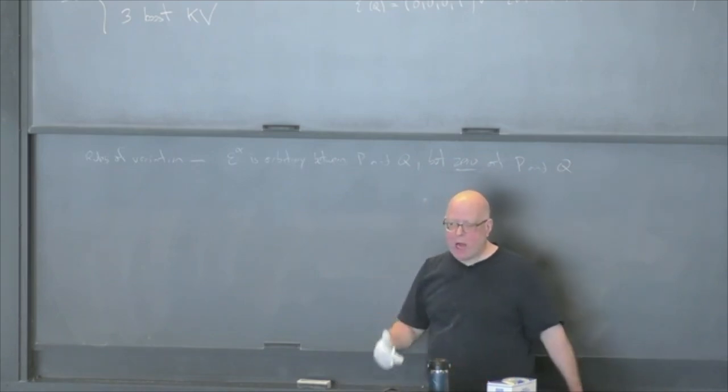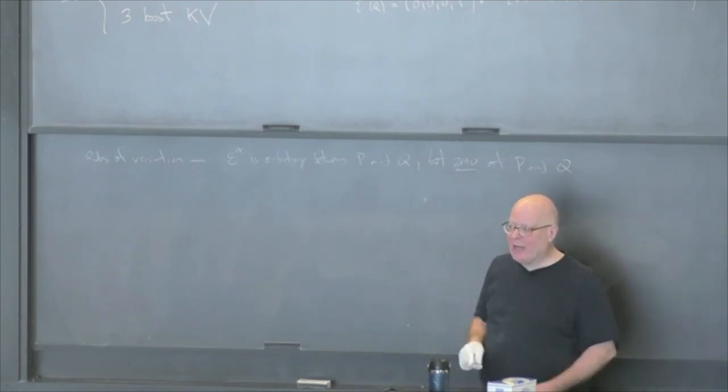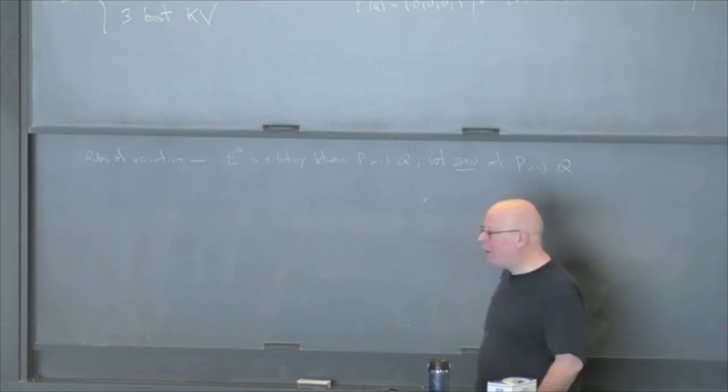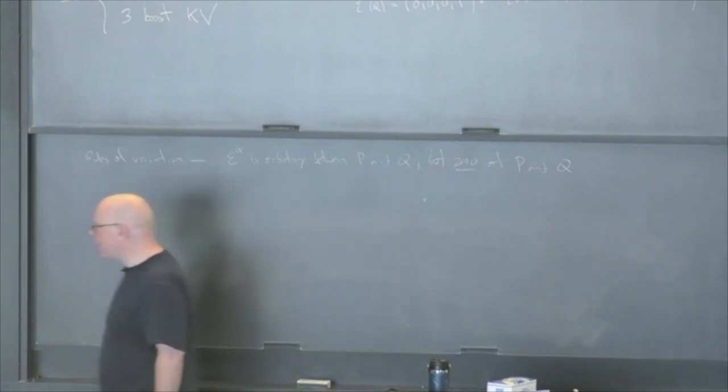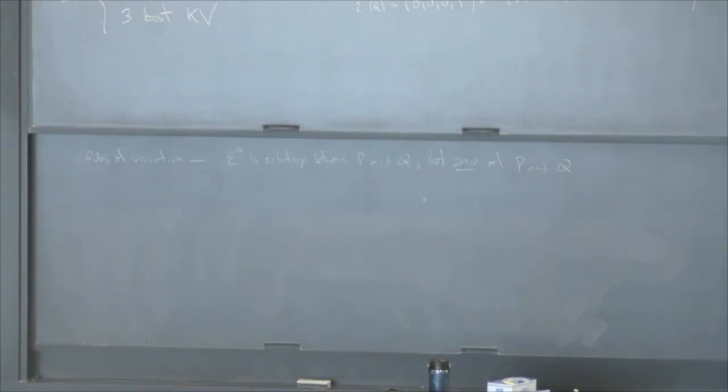We want to consider an arbitrary variation of the reference curve, but we insist that all the curves begin and end at the same points. So that allows us to kill that at the boundary points.